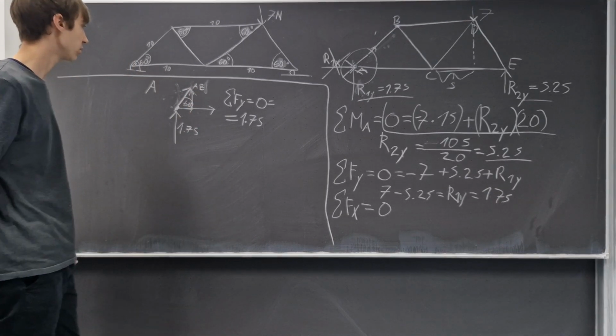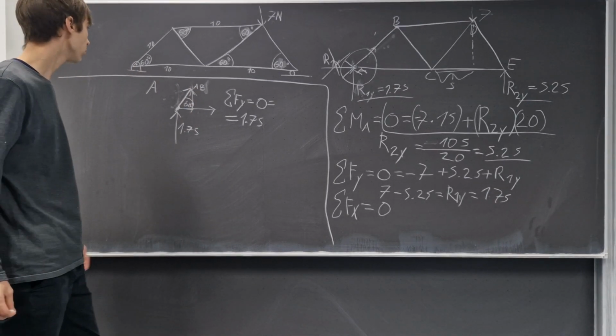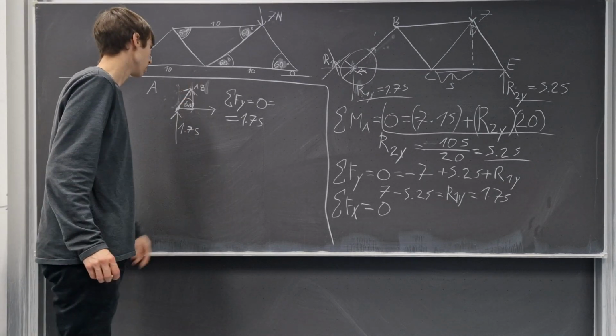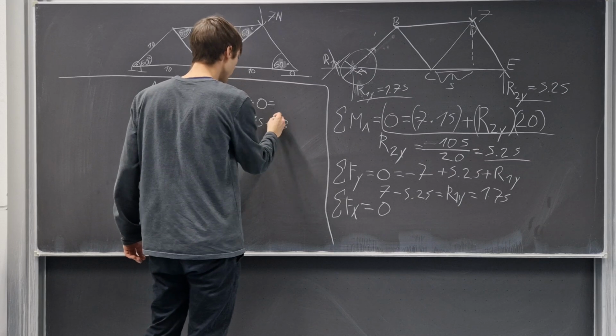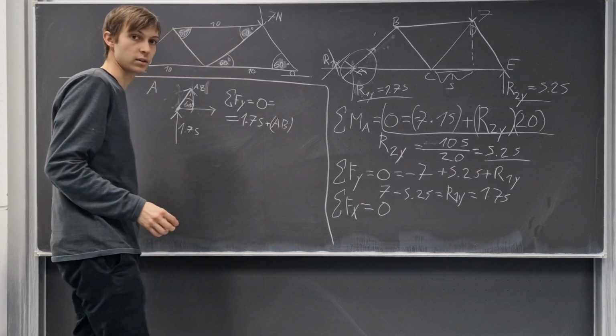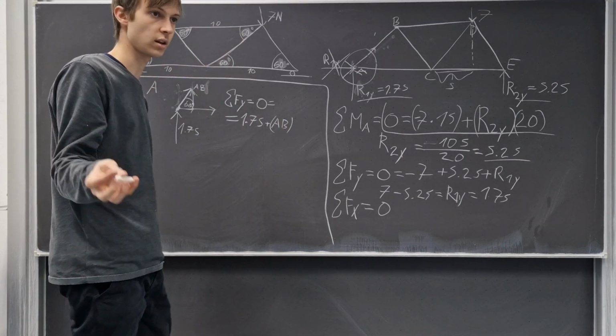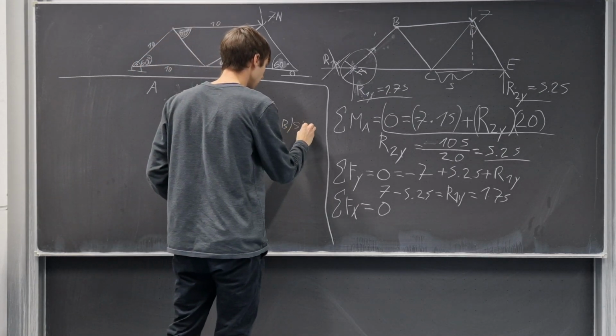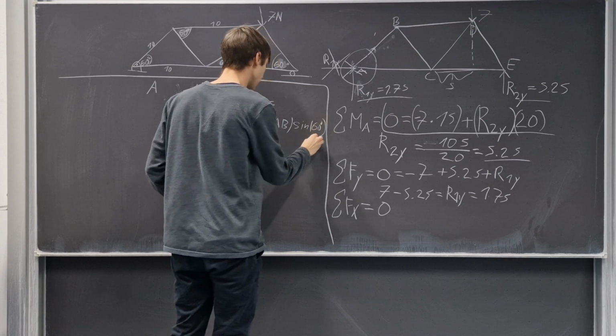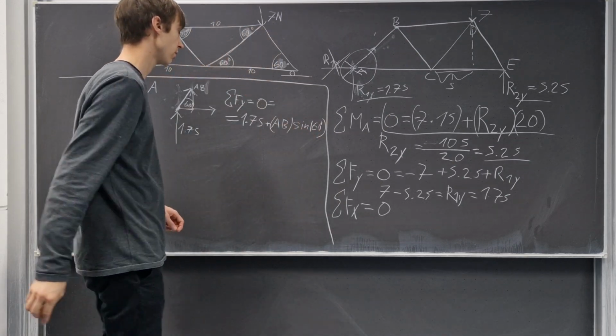If I'm talking about the equilibrium in y, I have to just take the y component of AB. So what will that be? It will be AB times the sine of the angle. Here it's 60 degrees, so AB times sine 60 is the y component of AB.